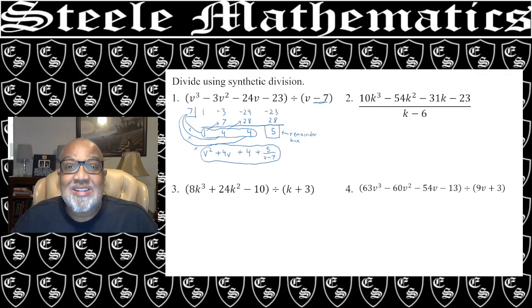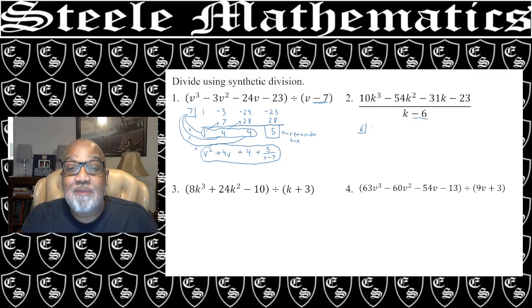All right, next we got 10k to the third minus 54k squared minus 31k minus 23 over k minus 6. And this is just another notation for division. Therefore, you're going to draw your half box, and you're going to put in positive 6 because this is opposite negative 6.